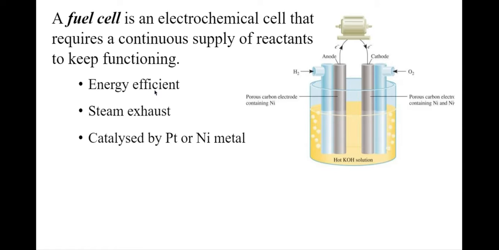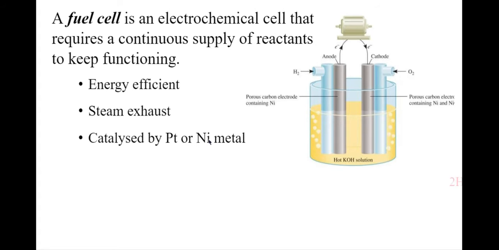Overall, the reaction is just burning hydrogen. Hydrogen and oxygen make water, so the exhaust is just water vapor. It literally gives off steam as its output. It's typically catalyzed by a metal; last semester we'd call it a heterogeneous catalyst.